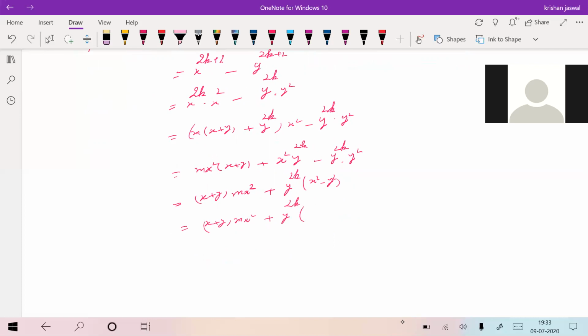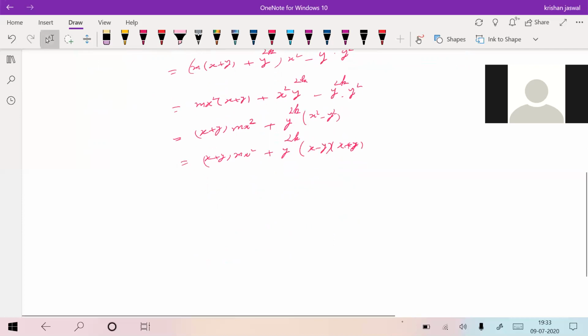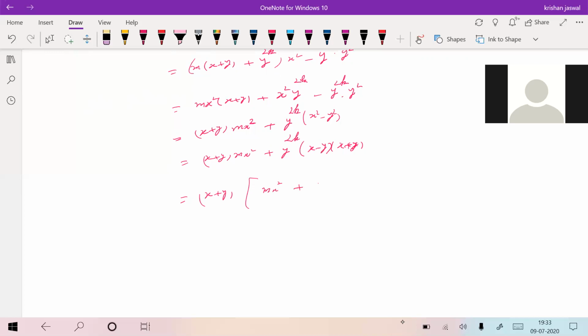Here again a square minus b square is equal to a minus b into a plus b. Now we can take x plus y as common: x plus y common, m into x square plus x minus y into y power 2k. Again, x plus y is a factor. Therefore, this is divisible by x plus y.